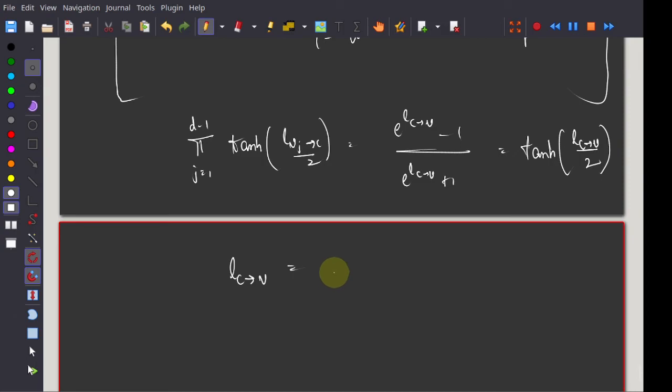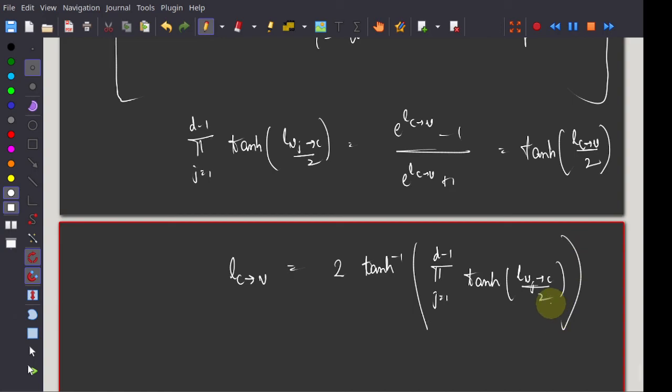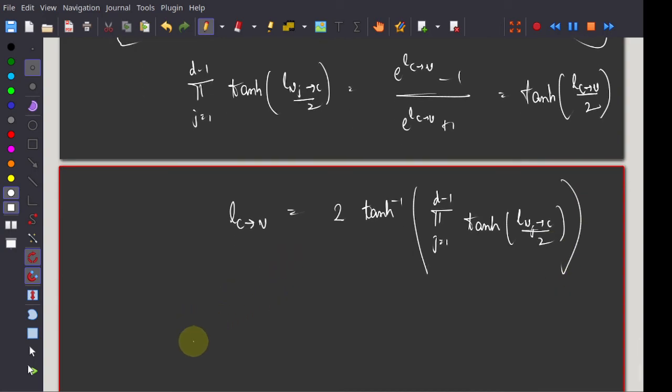I can write this as 2 times tanh inverse of the product over j equal to 1 to d minus 1 of tanh of L_vj c over 2, right? Correct.